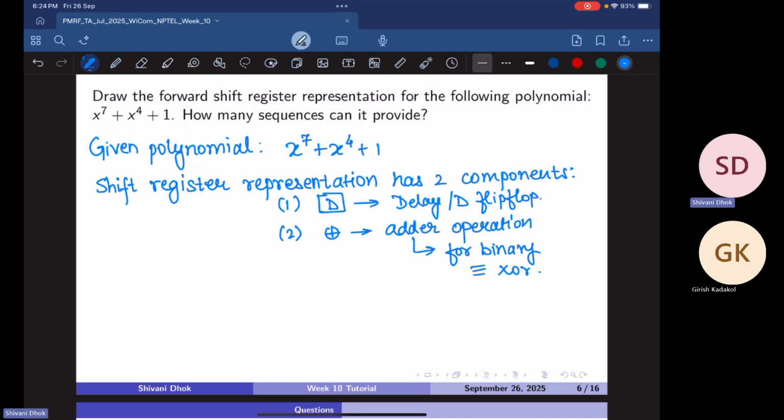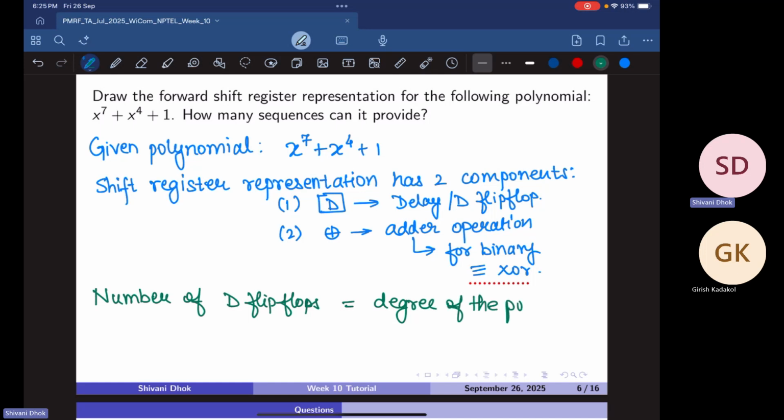Okay, so now first of all, what we need to figure out is how many D flip-flops do we need, and that will be governed by the degree of the polynomial given to you. So the number of D flip-flops is equal to the degree of the polynomial, and for our given case the degree of the polynomial is 7.